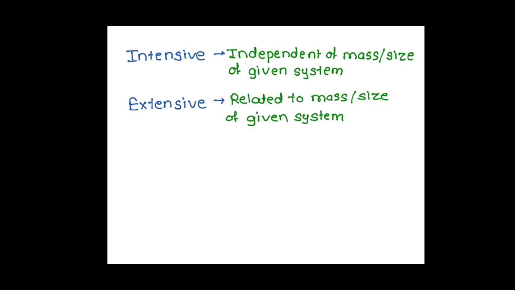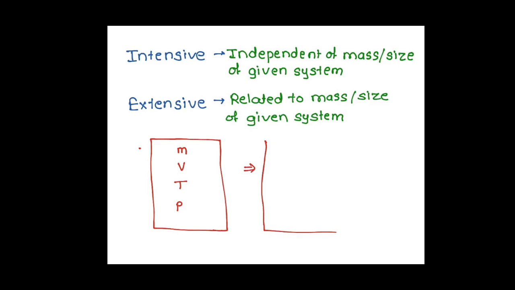A simple trick to distinguish between intensive and extensive properties is to divide the system into two equal parts with an imaginary partition. So let's consider this is our given thermodynamic system, which has mass m, volume v, temperature T and pressure P. Now let's divide this system into two equal parts with an imaginary partition.